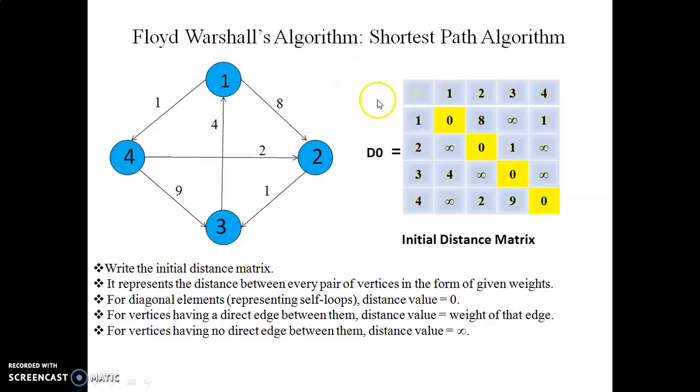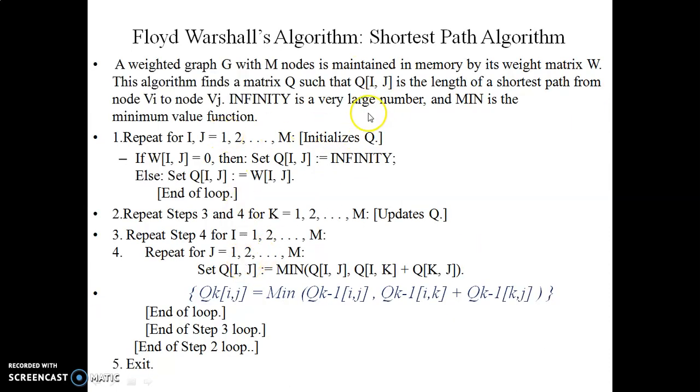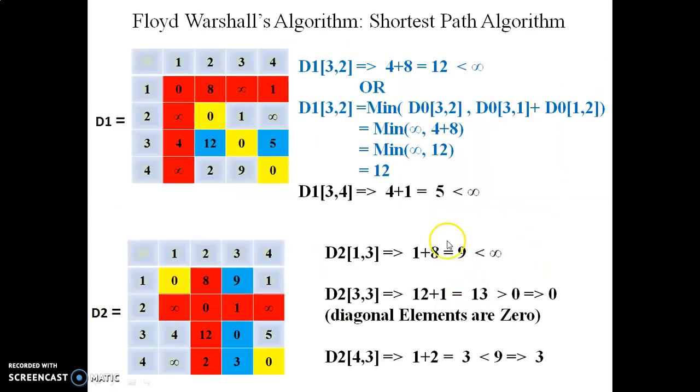Again, considering the formula given in this shortest path algorithm, we can see Q of K of i, j is the minimum value of Q of K minus 1 of i, j, and Q of K minus 1 of i, k plus Q of K minus 1 of k, j. By using this formula, you can obtain the same value, that is D1 of 3, 2.